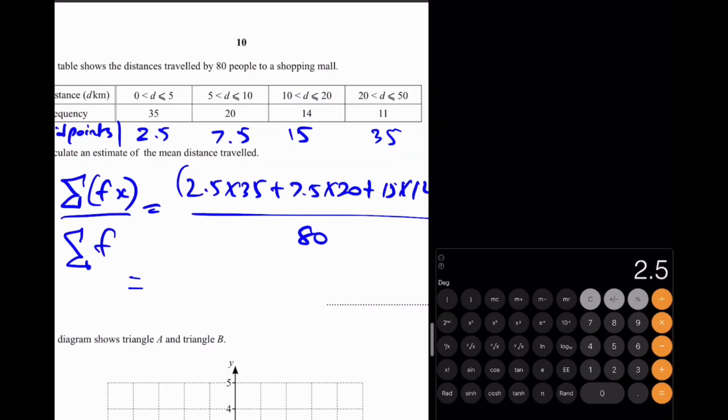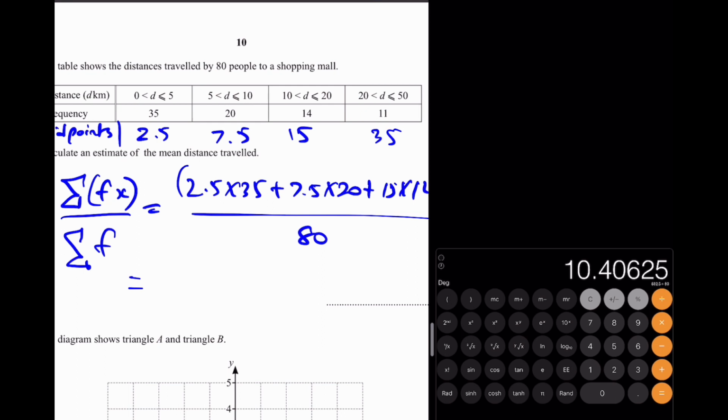Let's see, 2.5 times 35 plus 7.5 times 20 plus 15 times 14 plus 35 times 11. We get 832.5 divided by 80.